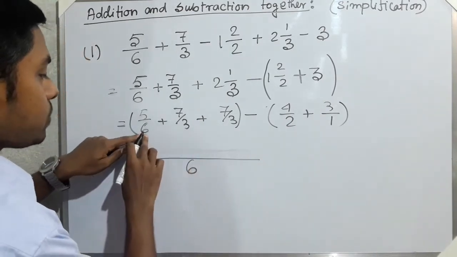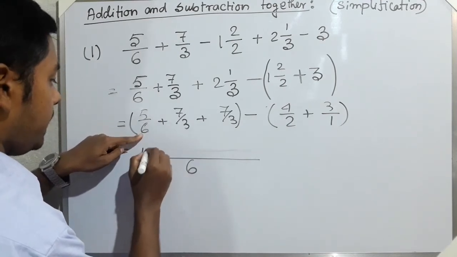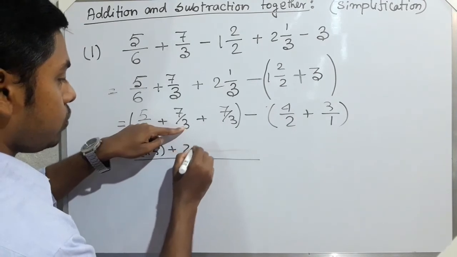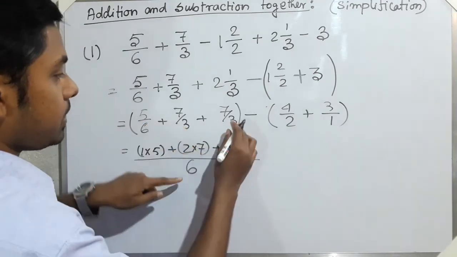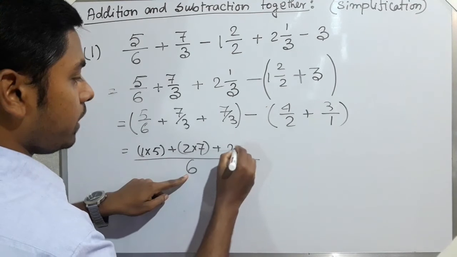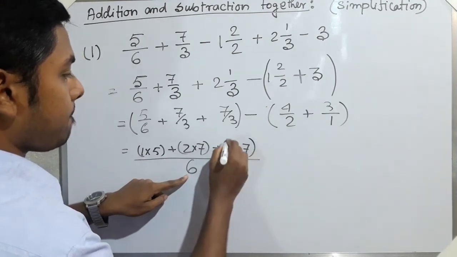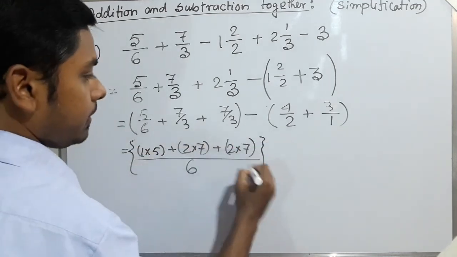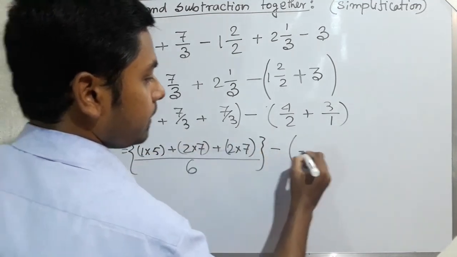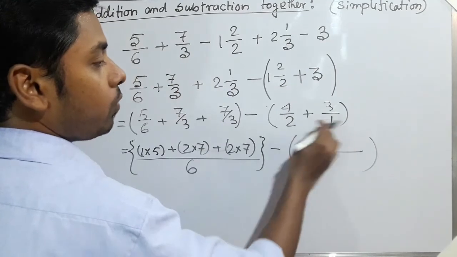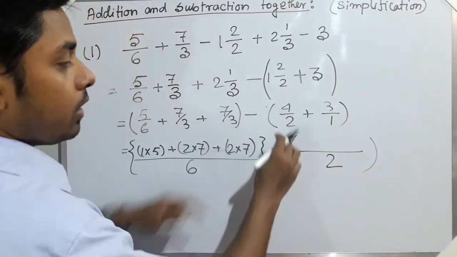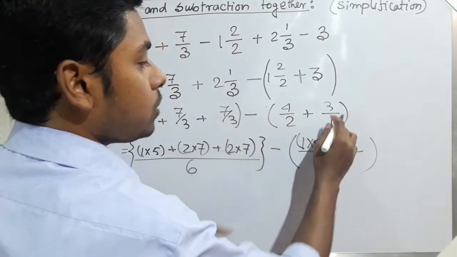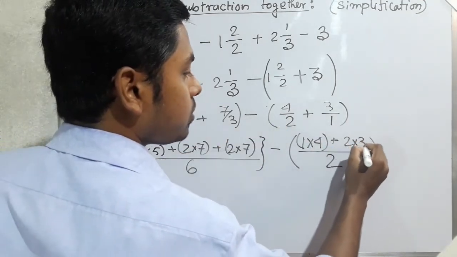Now 6 ones are 6, so 1 into 5 plus 3 twos are 6, 2 into 7, plus 3 twos are 6, 2 into 7. Bracket, then minus sign, then for 2 and 1, what is the LCM? It is 2. Now 2 ones are 2, so 1 into 4 plus 1 into 2, 2 into 3.